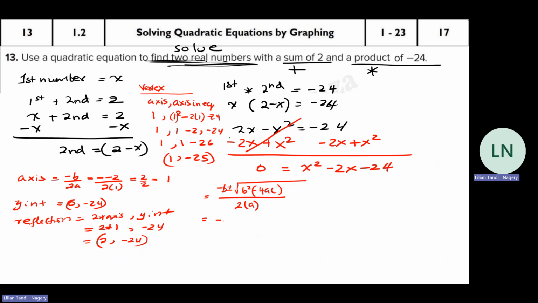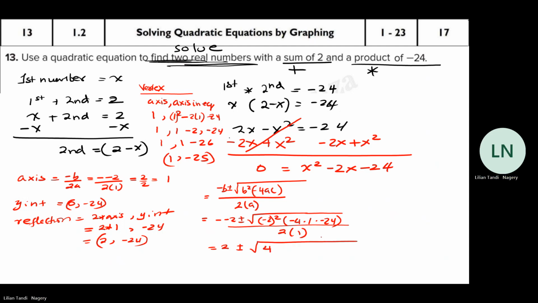So I got minus negative 2 plus or minus square root of negative 2 squared minus 4 times 1 times negative 24, over 2 times 1. So this is 2 plus or minus square root of 4 plus 96 over 2.